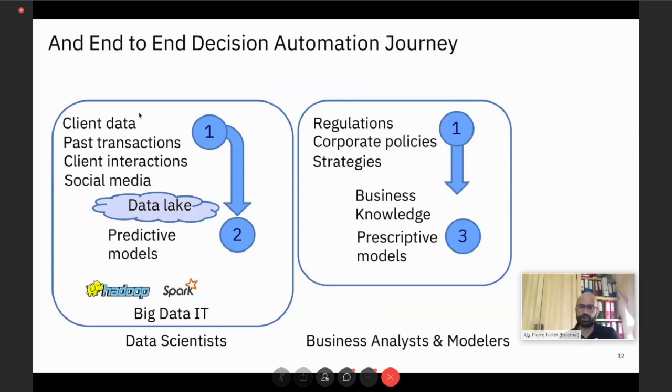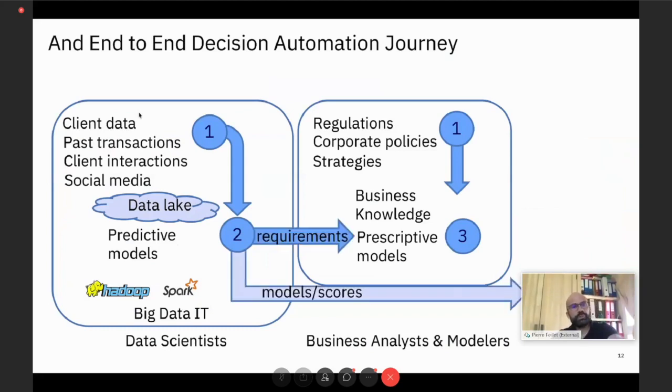The other part is just to get analytics, so descriptive analytics. And from the regulations, organizations are writing business rules or coding programs to implement these policies, and they are doing what we call prescriptive models. So predictive models on the left, prescriptive models on the right.